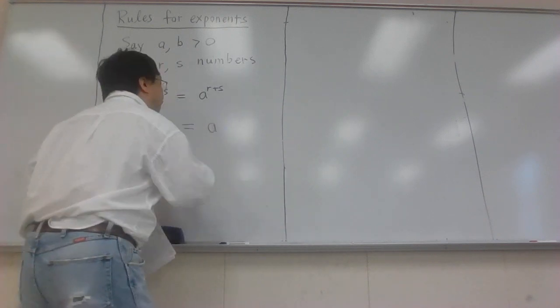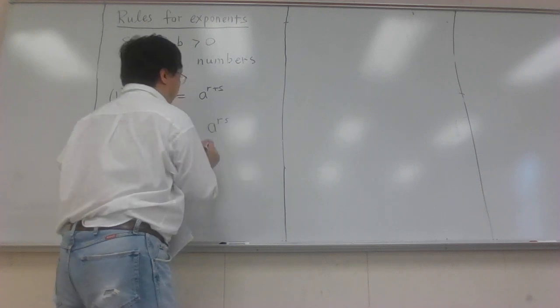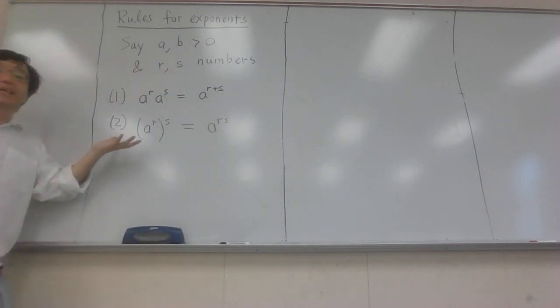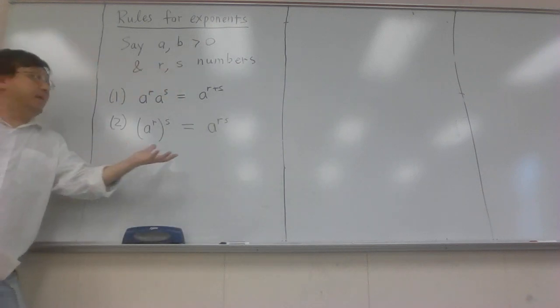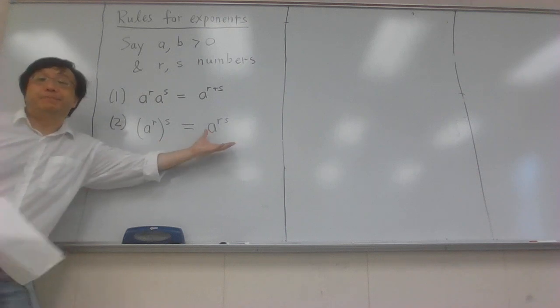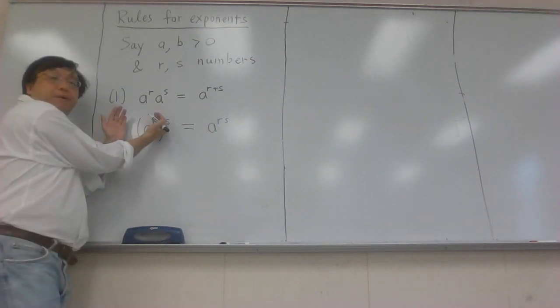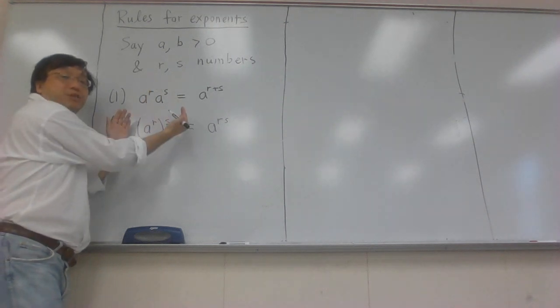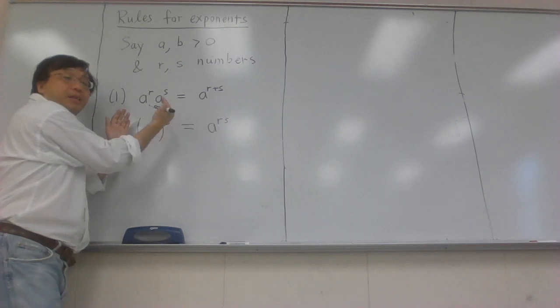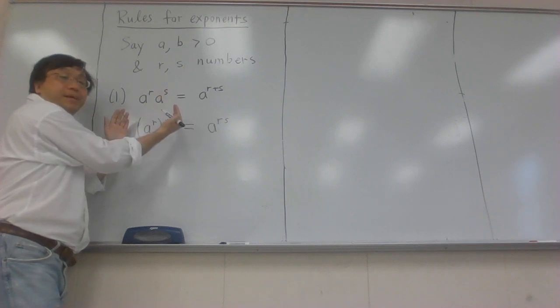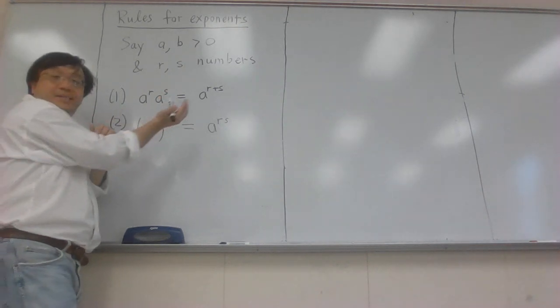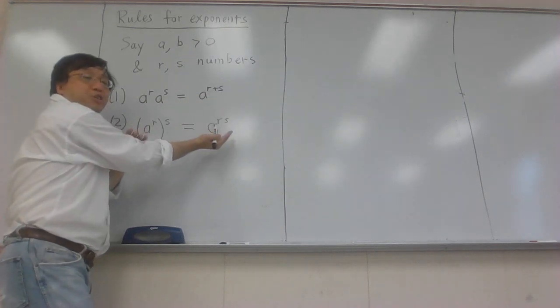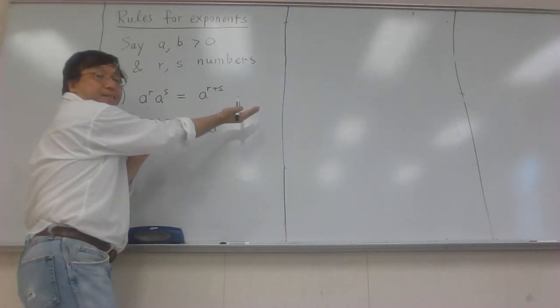Let me write this down. Repeated exponentiation is the same as multiplying the powers. If you first take a to the power of r, because you exponentiate once, and then you take the whole thing to the power of s, you exponentiate the thing a second time, then that's the same as taking the original thing to the power of r times s.